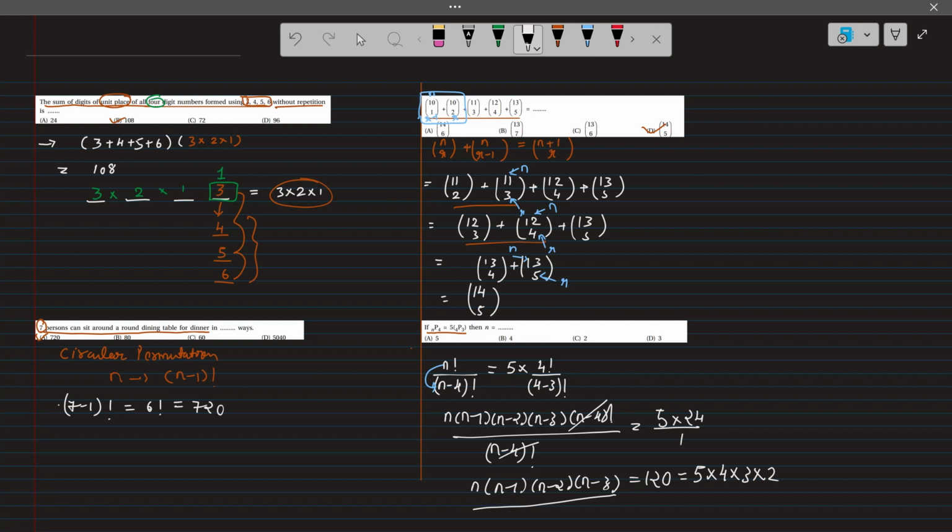And hence we can say n equals 5. So option A is correct.